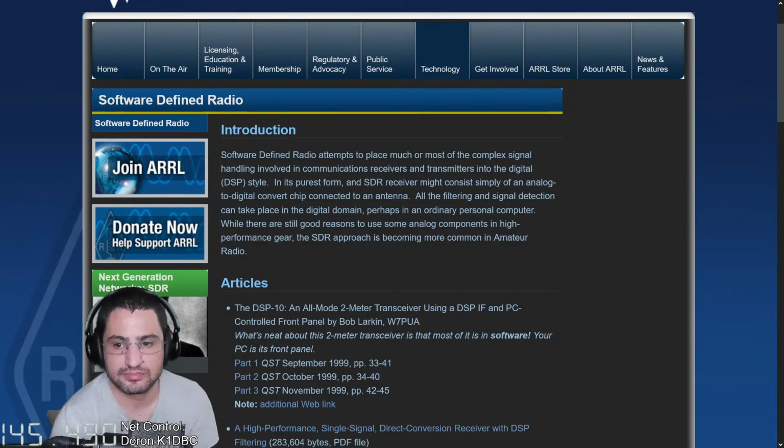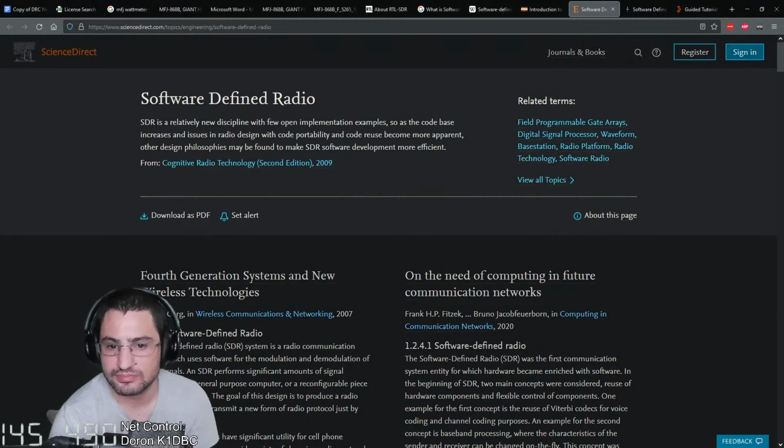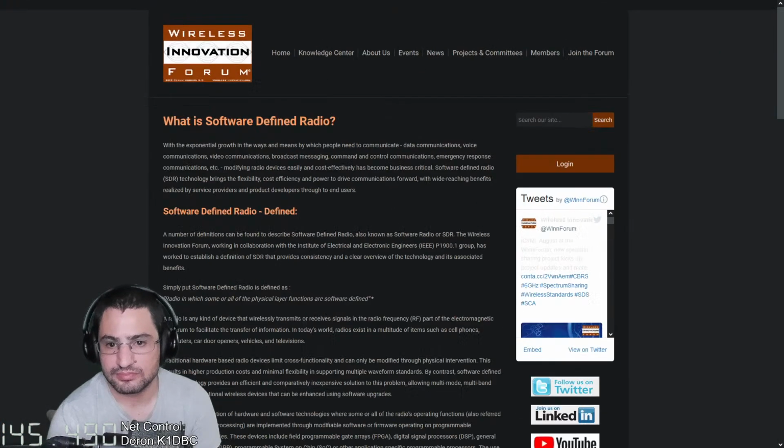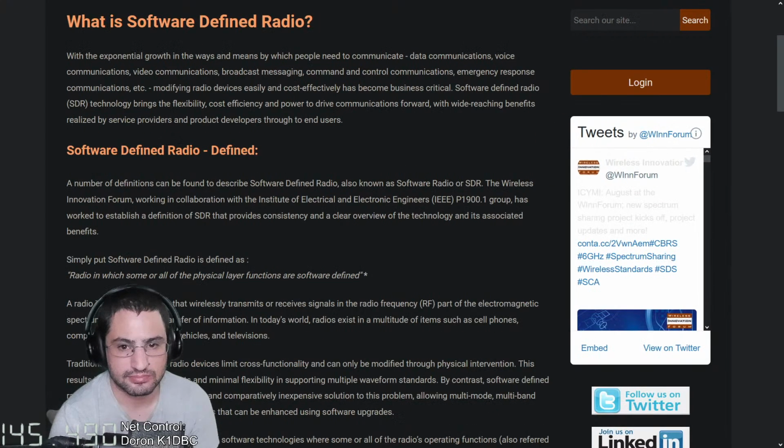There may be some pre-selection, depending upon the radio. Even the 7300, which is an SDR radio, still has some RF pre-selection in the front of it. It's just that most of it, as soon as it gets through some very limited selection, hits a digital-to-analog converter.